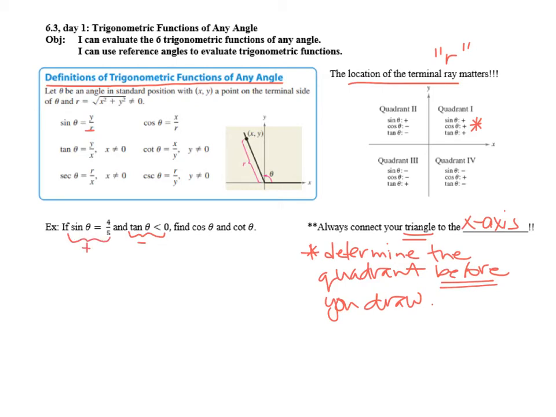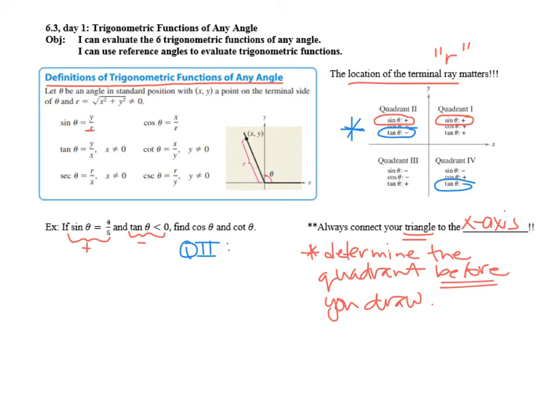If I use that chart over on the right, I know sine is positive in quadrant 1 and in quadrant 2, but I also want tangent to be negative. And tangent is negative in quadrant 2 and quadrant 4. So in what quadrant do those two values match, where sine is positive and tangent is negative? That would be in quadrant 2. That's where we have to draw our triangle.